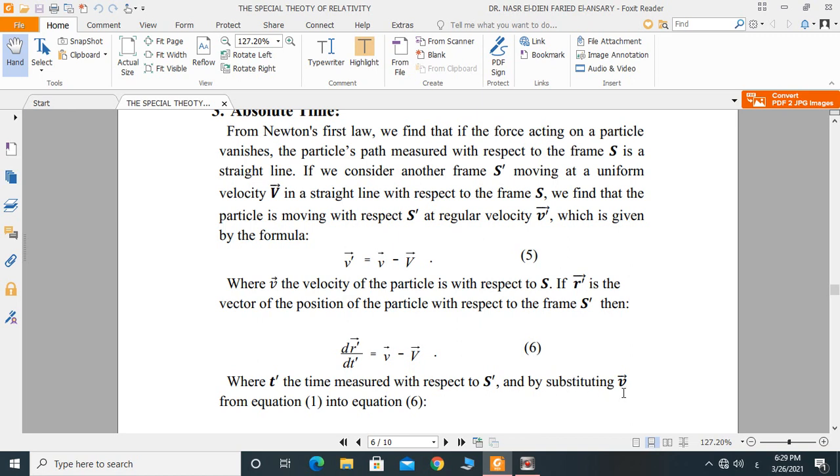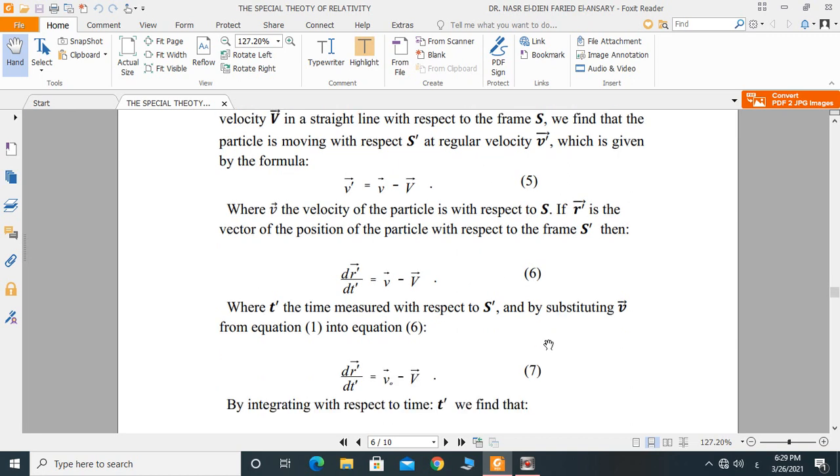And by substituting v from equation 1, this velocity equals v naught, then equation 6 takes the form dr dash by dt dash equals v naught minus capital V.